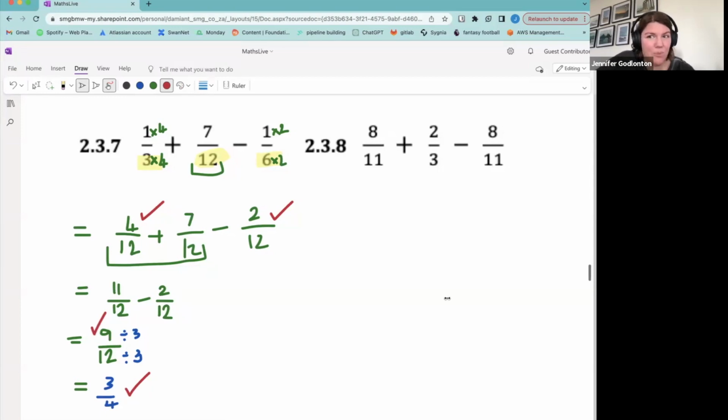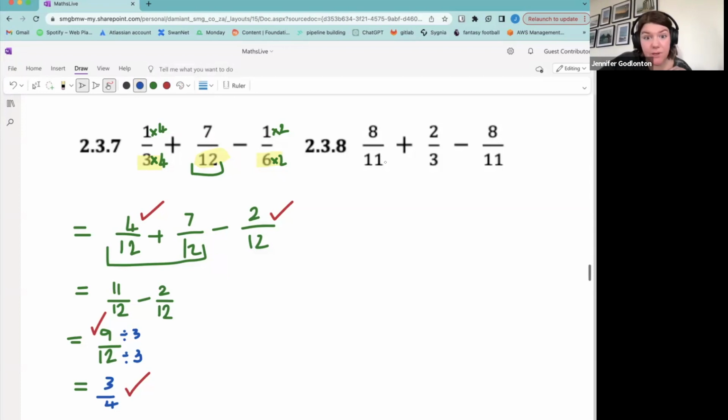Yes, Mikli, how can I help? For 2.3.8, since 3 can't go into 11, can we, since 11 times 3 is 33, can we also, for the 8 over 11, times the 11 by 3, and then times the 8 by 3, and then get the answer?